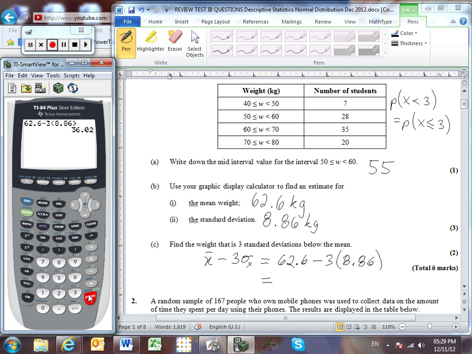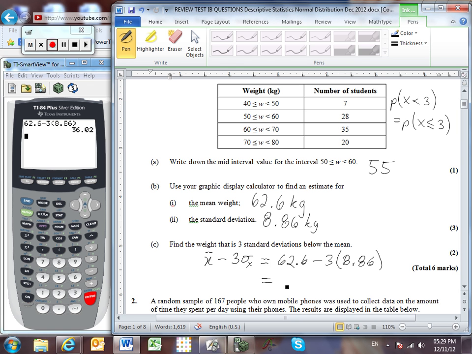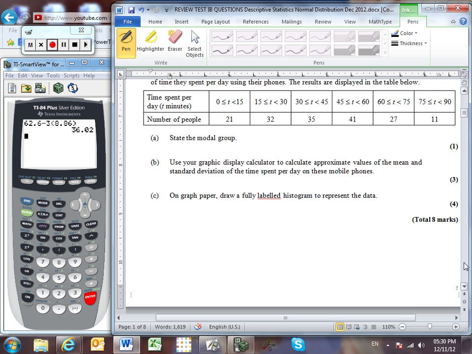And that gives us an answer of 36.02. And of course we can always round this to 3 significant figures, 36.0 kilograms. Let's go on to question number 2.